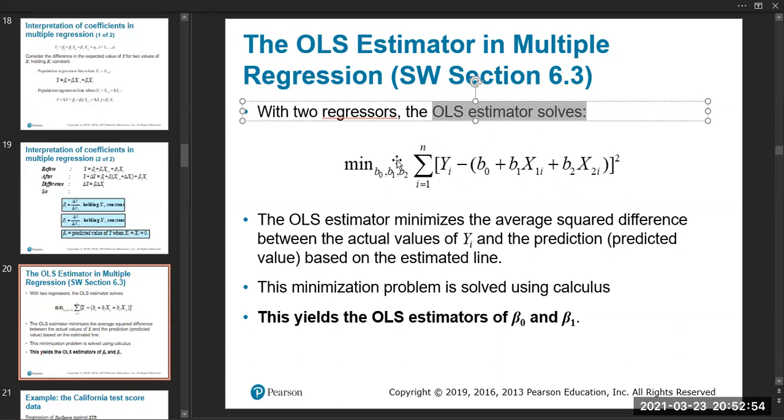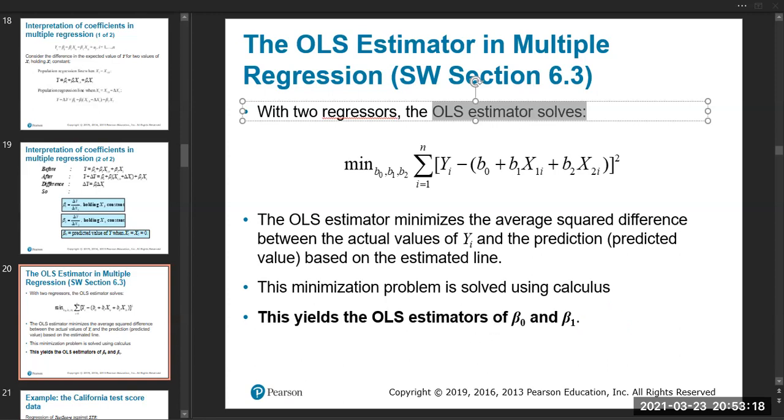If you solve this optimization problem, you will get beta 0, beta 1, and also beta 2. This gives the OLS estimator of beta, so you get beta 1 hat, beta 2 hat, and beta 0 hat.